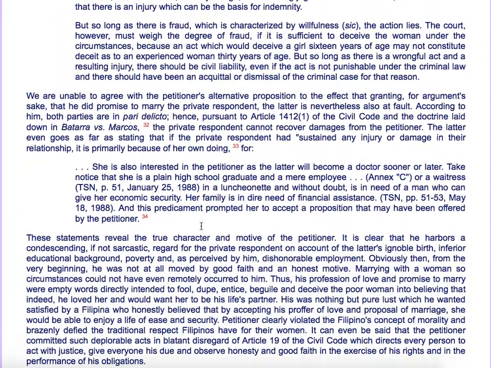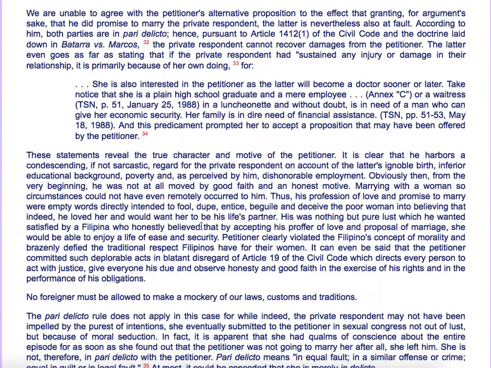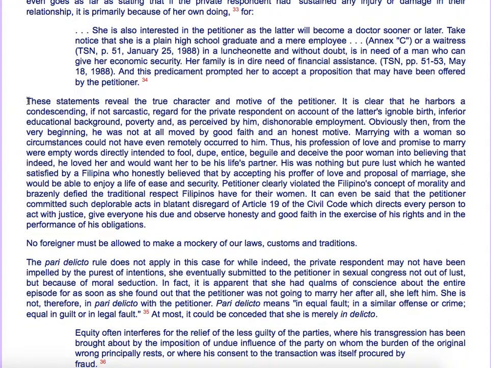So, haba, di ba? Ito. It is clear that he harbors a condescending, if not sarcastic, regard for private respondent on account of her ignoble birth, inferior educational background, poverty, and, as perceived by him, dishonorable employment. So there's a mockery of our laws.